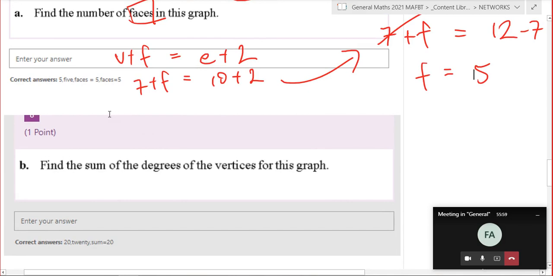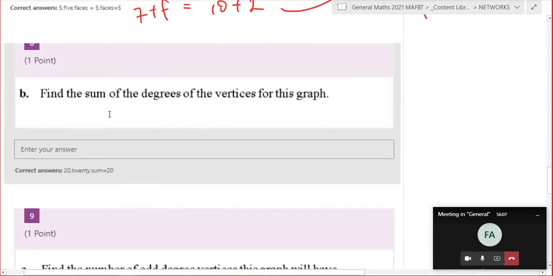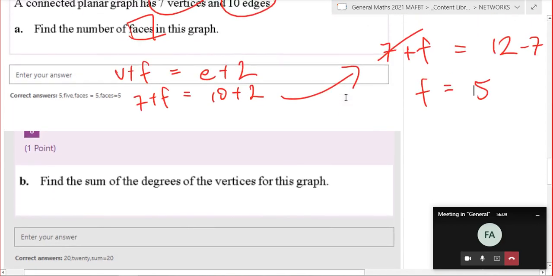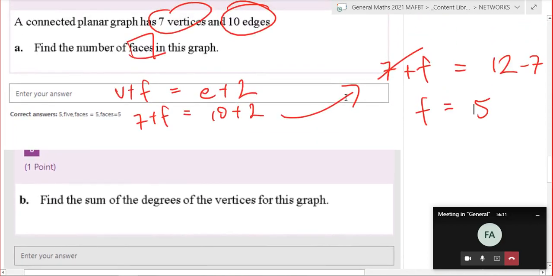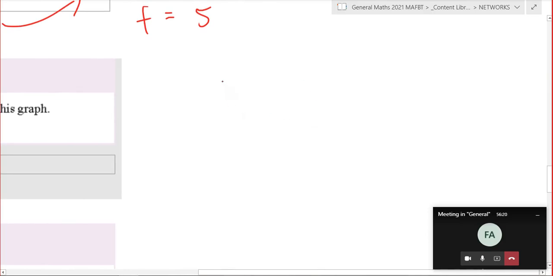Find the sum of the degrees for the vertices of this graph. Okay, so in this case, one way you could do it is you could technically just draw the graph, because you have enough information here now. You've got 7 vertices, 10 edges, and 5 faces. So sometimes you'll be asked to do this.